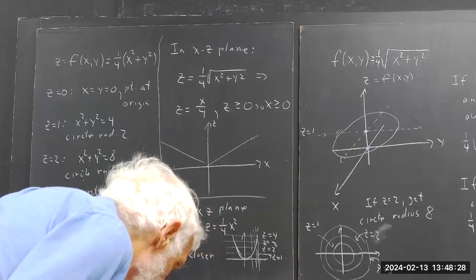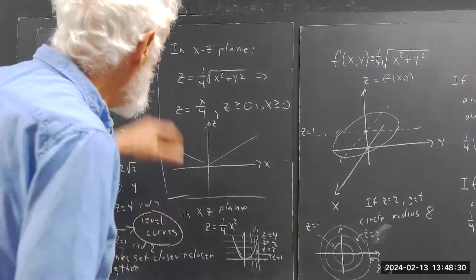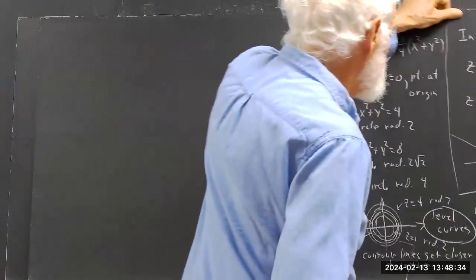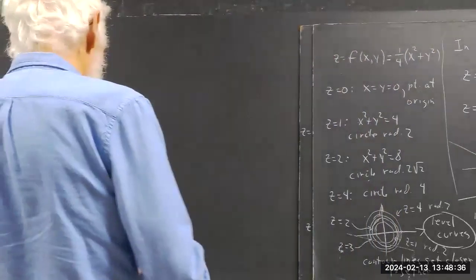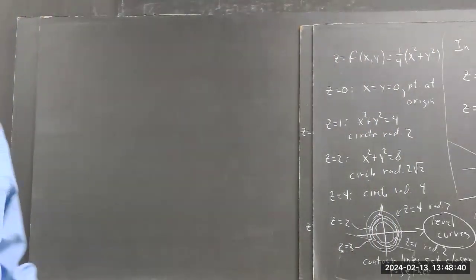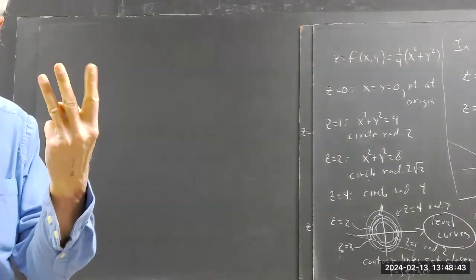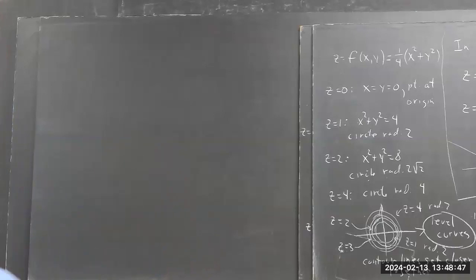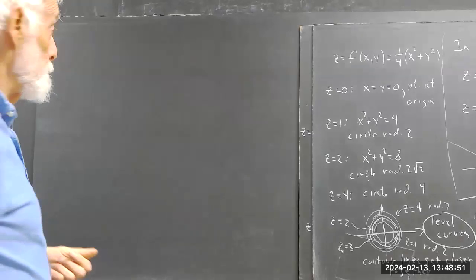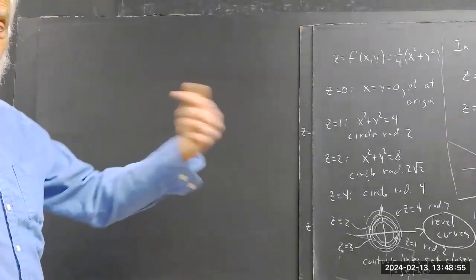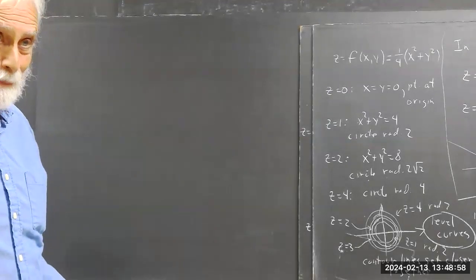First place, you're not confined to functions of 2 variables. You can have functions of any number of variables. If you've got a function of 3 variables, that's okay. You're not going to be able to do a graph like this because you need a 4th dimension, right?